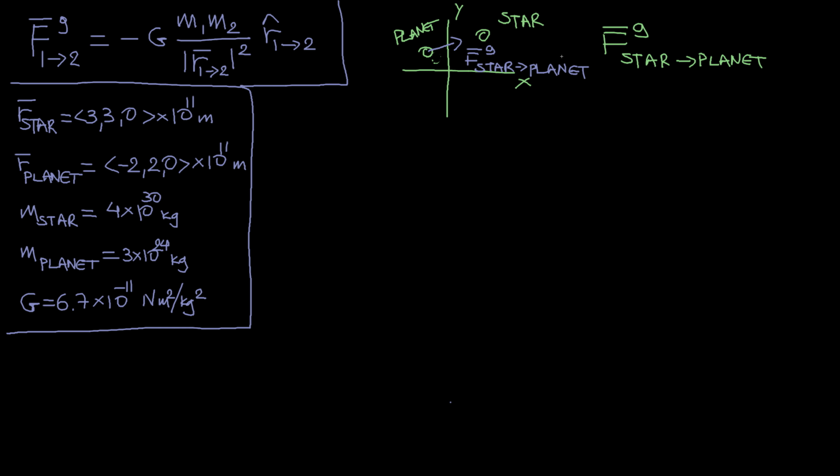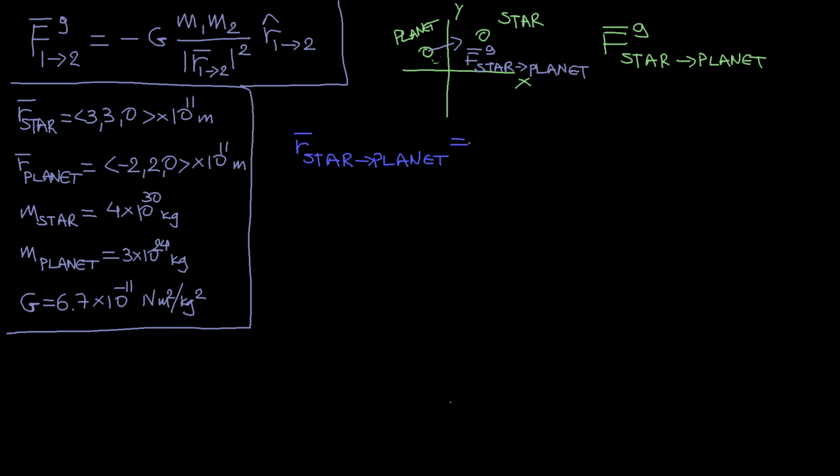And sometimes it is helpful to draw this vector so that you have a feeling for the direction of the force. Okay, now the first step that we need to do these calculations, we have to calculate the vector r from object 1 to object 2. Now in our case it's from the star on the planet, so I have to find the position vector that goes from the star to the planet.